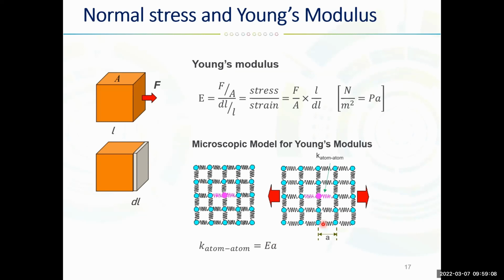So the parameter that you measured in the bulk, E, has to be related back to these interatomic spring constants. Just keep this in mind when you do the stress calculation.